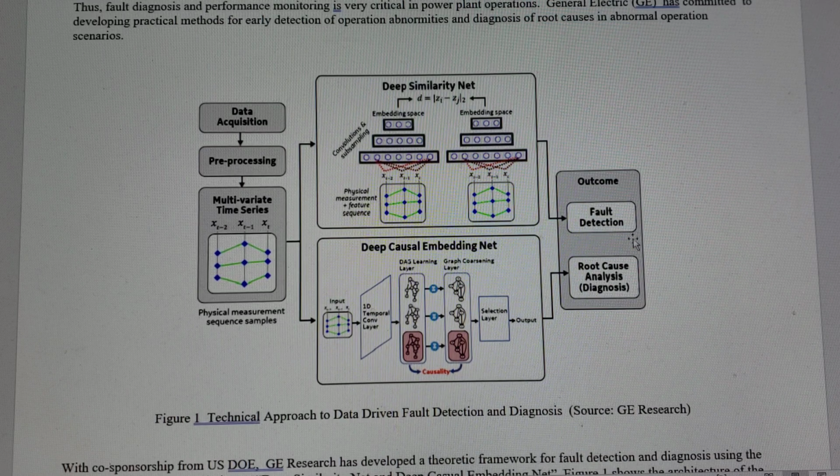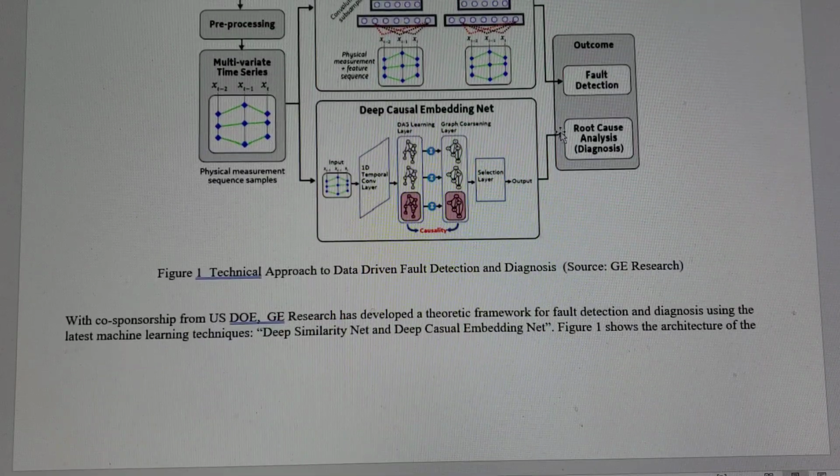And diagnosis is basically to do classification and root cause analysis of faults, or different faults. For this one you can use deep causal embedding network, so you can do causal analysis, for example. So that's the big picture that Fred and Yiwei used in the GE Research proposal.